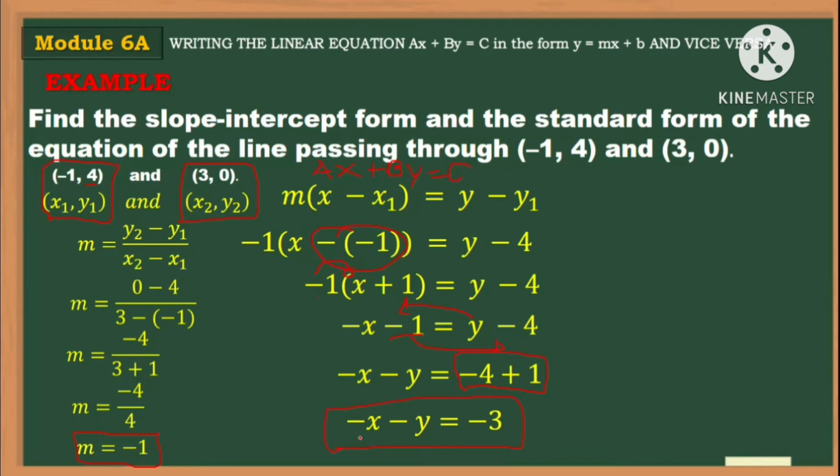Now, let's proceed to slope-intercept form. Okay, so using this one, this is the standard form, gawin lang natin siyang into y is equal to mx plus b. So this negative x, lipat mo dito sa kabila, and it will give us negative y is equal to x minus 3.